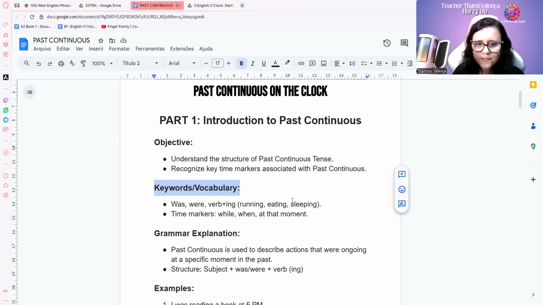In the past continuous tense, we always use was and were plus verb plus ing. For example, running, eating, sleeping. When to use was and when to use were? We use was for I, he, she, and it.